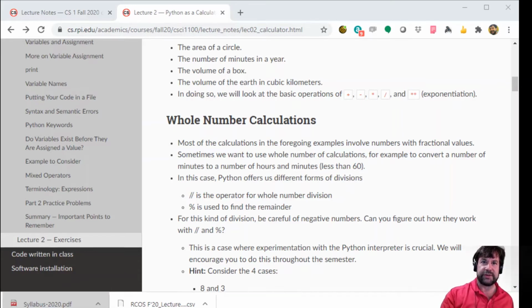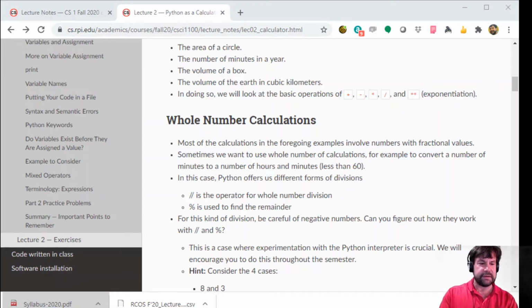So if this is a number of seconds, that says we have 62 whole minutes, and we have a remainder, right, of 30 additional seconds to go, right? So whole number calculations, integer calculations are used for integer numbers, and then we have the same kind of values set up.